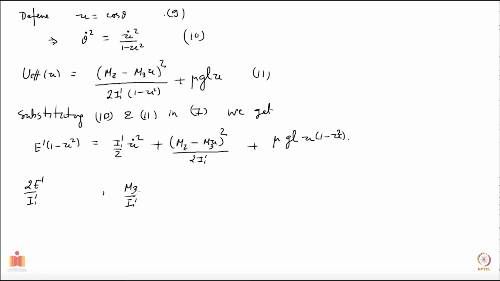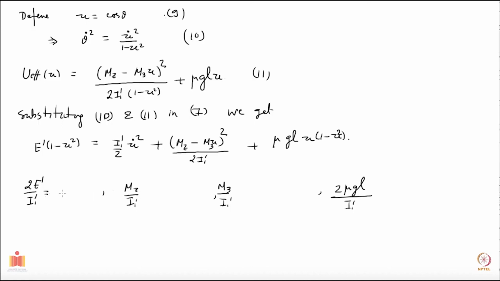First let me write mz over I1 prime, then I will have m3 over I1 prime, and then the last term will have 2 in the numerator, so 2 mu g l over I1 prime. That is correct.